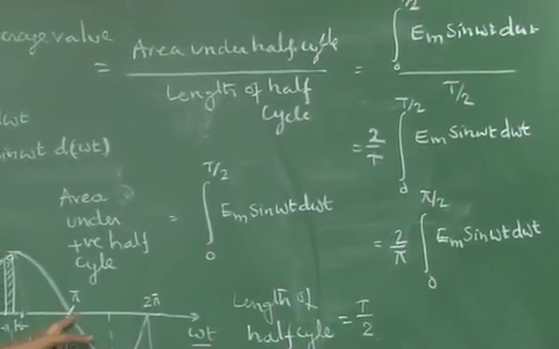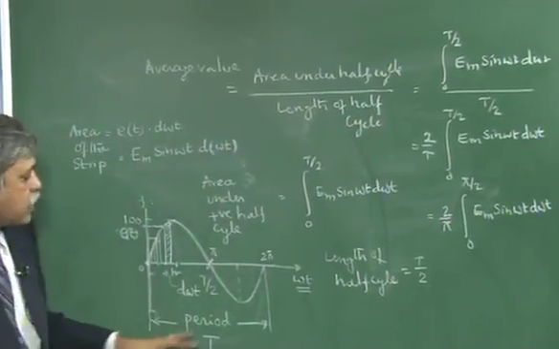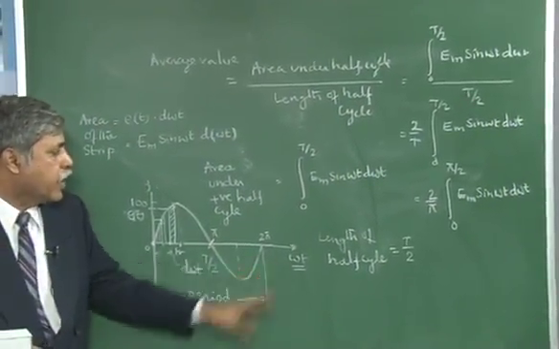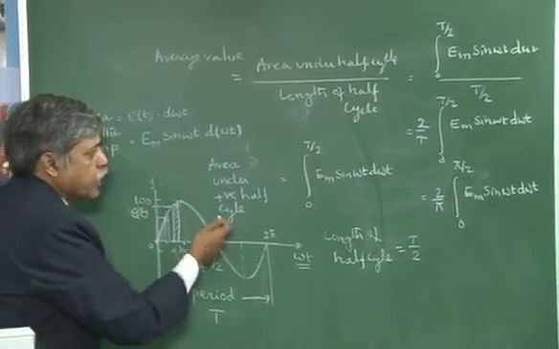I have taken T/2 here because the length of the half cycle, when the period is expressed in radians, becomes pi.